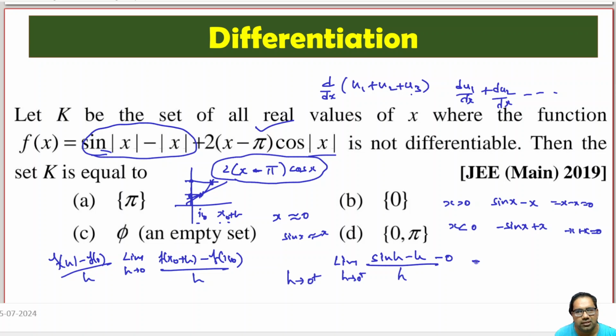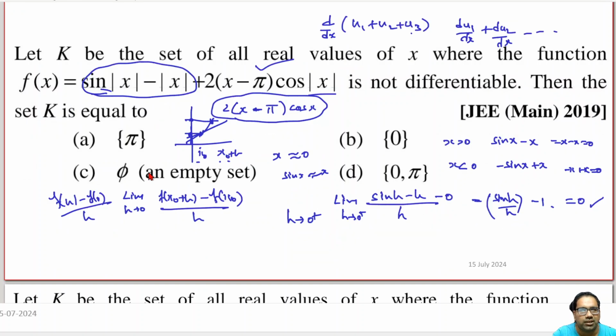Now this is nothing but sin h by h minus h by h. We know this limit tends to 1, so 1 minus 1 is equal to 0. So when we approach 0 from the right hand side, we already know the limit sin h by h, when h tends to 0, is equal to 1. So the slope is equal to 0.